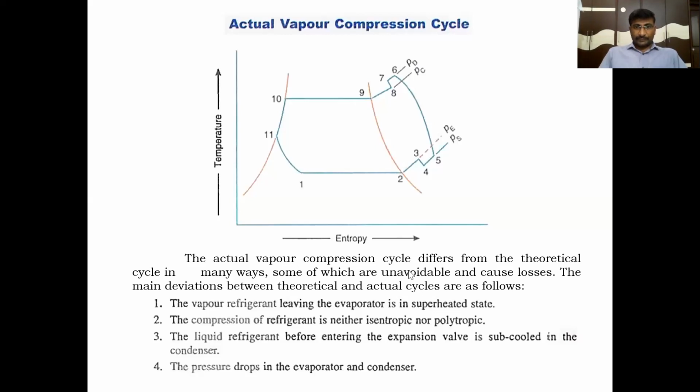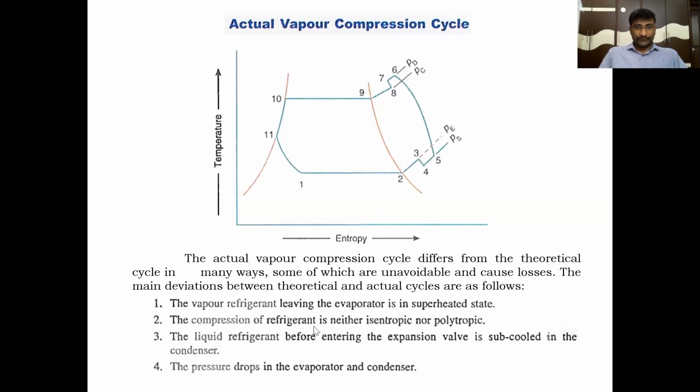The actual vapor compression cycle differs from the theoretical cycle in many ways, some of which are unavoidable and cause losses. The main deviations between the theoretical and actual cycles are as follows. These are the 4 main deviations. The vapor refrigerant leaving the evaporator is in a superheated state in actual practice.